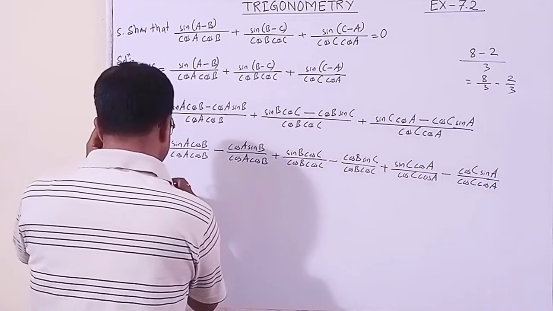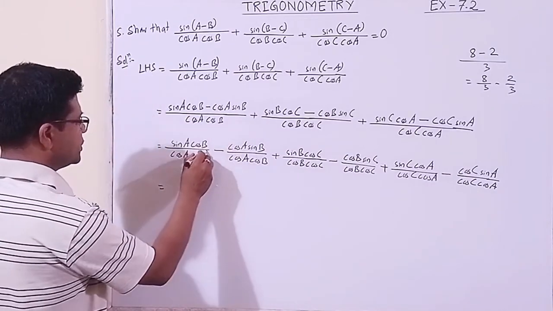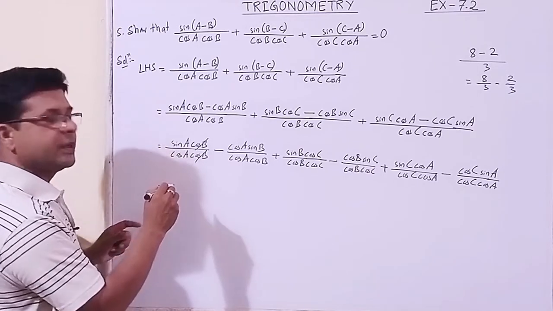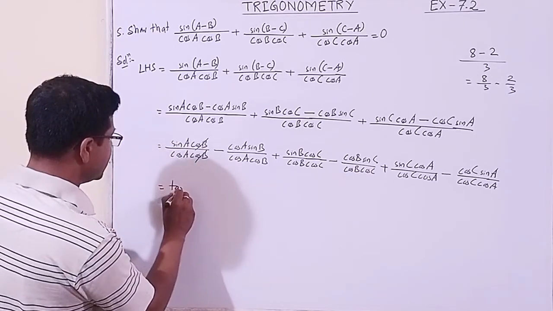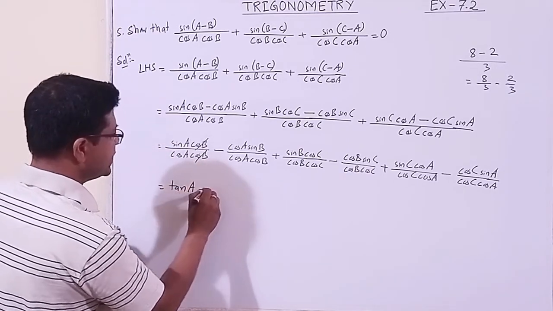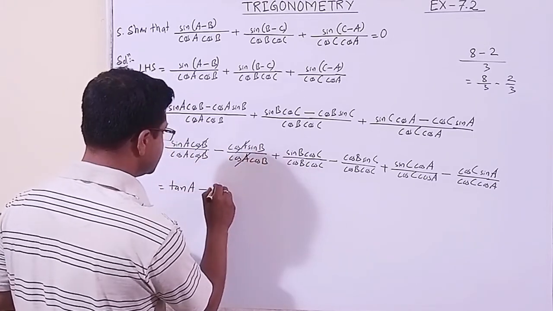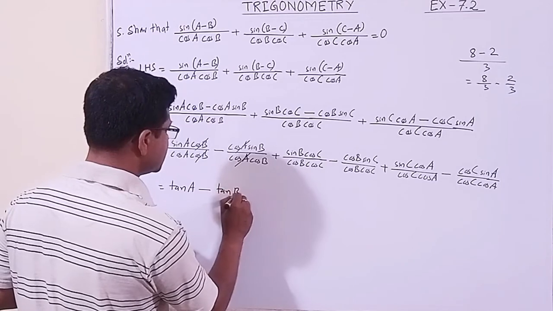Now let us see which term we can cancel. Here cos b will get cancelled, so this is sin a by cos a. What is sin a by cos a? It is tan a. Minus, we can cancel cos a cos a, so sin b by cos b is tan b. You see the sum is very simple.